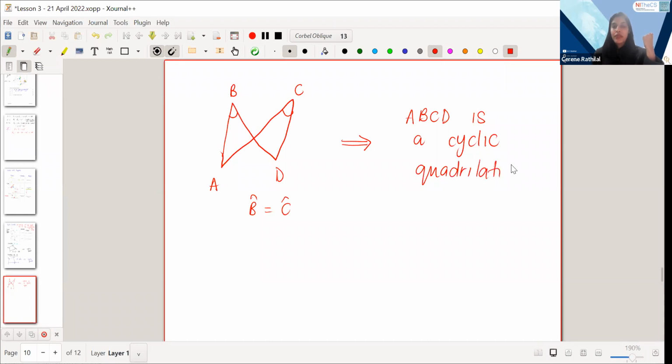So make sure that you can apply it in the relevant situations. One more thing that we could also say is that it is equivalent to saying that ABCD is concyclic, meaning that its vertices lie on a circle. So that's some terminology that I'm just presenting you with. Okay, so just keep that in mind.